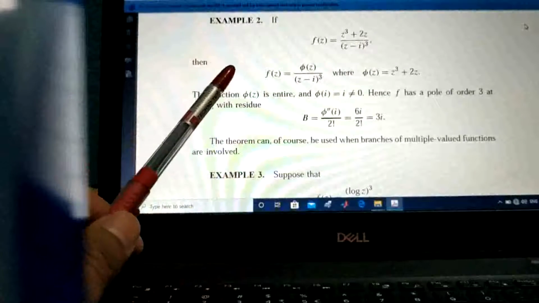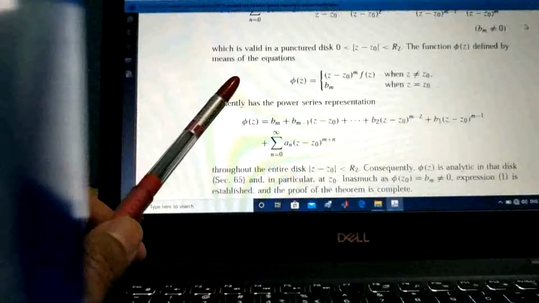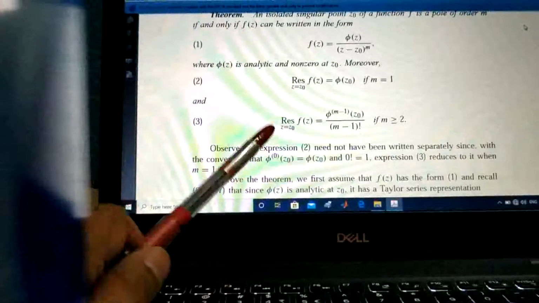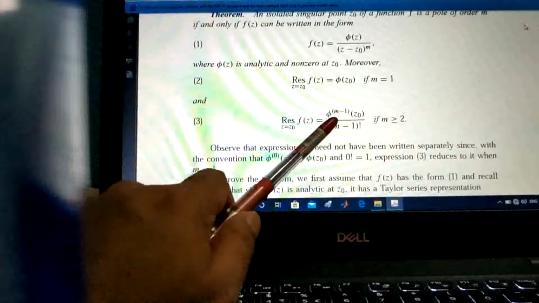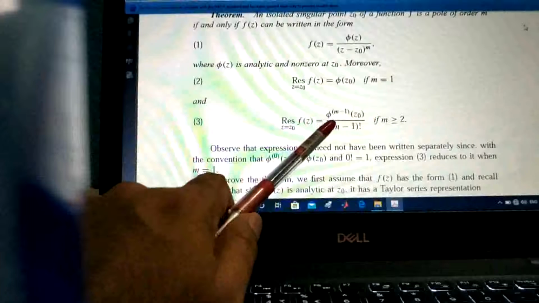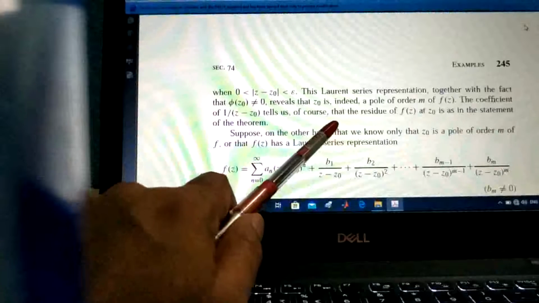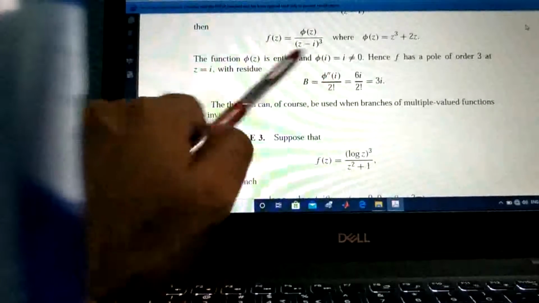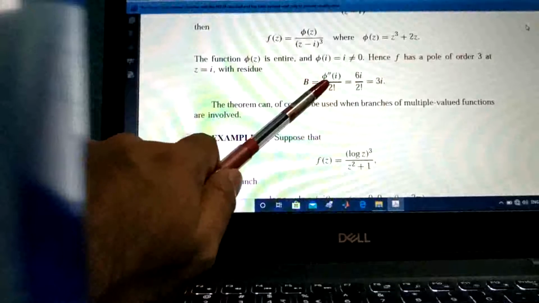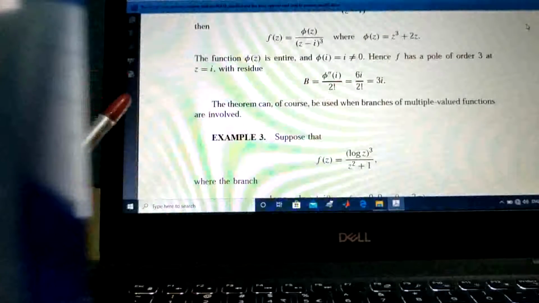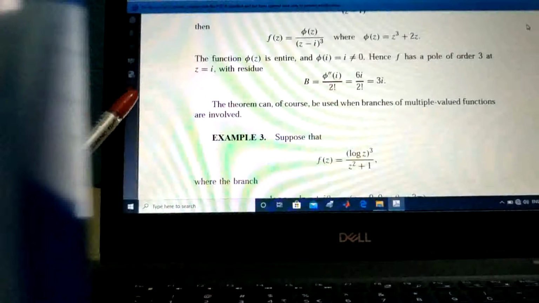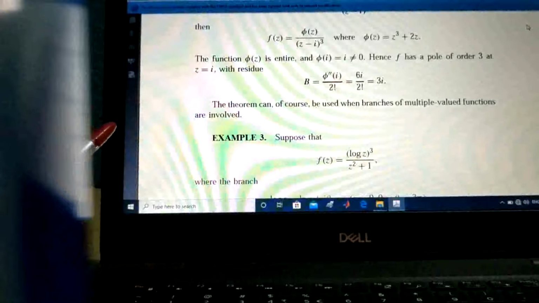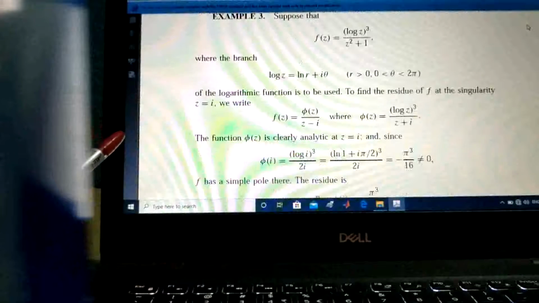For order greater than 2, this is the rule: the m minus 1th order derivative of phi at z naught divided by m minus 1 factorial. So m equals 3, so the second order derivative of phi at z naught divided by 2 factorial. So this will be the residue at z equals i of the function f of z.